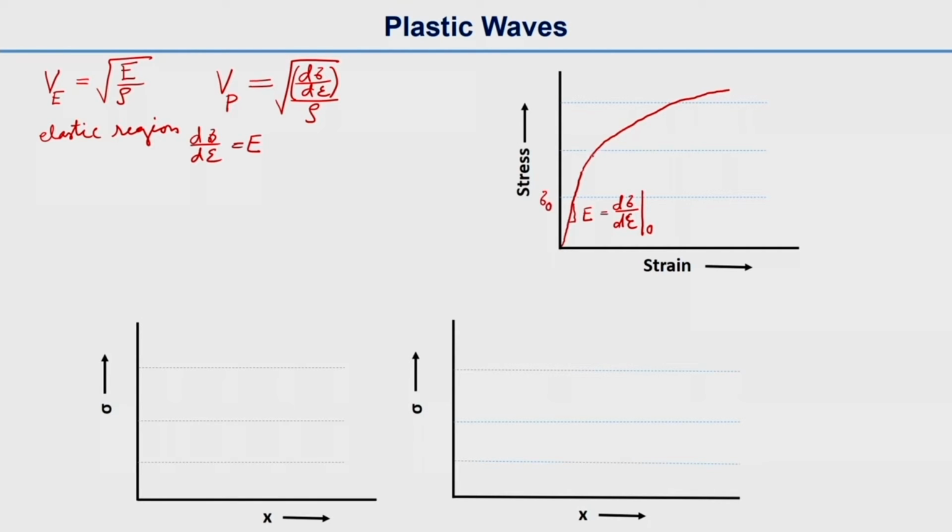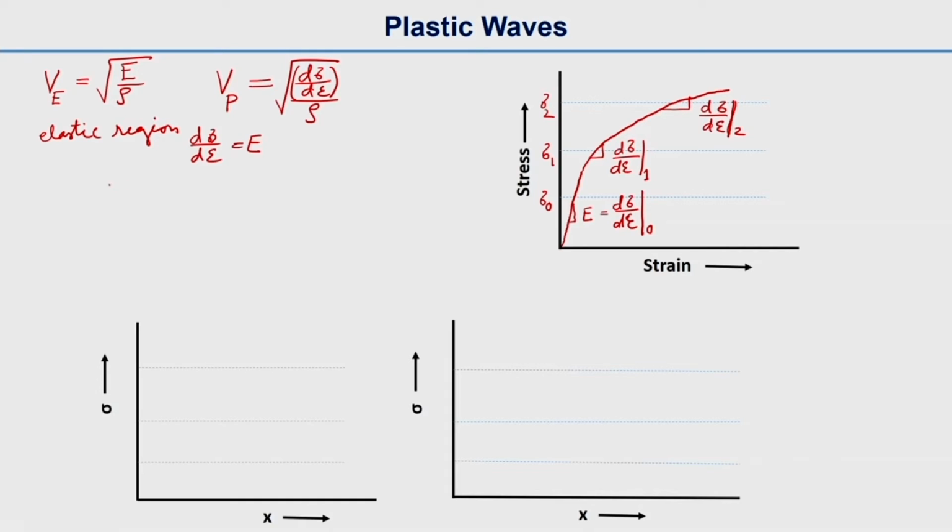Then we will have another slope, at sigma 1, which is in the plastic region, d sigma d epsilon at 1, and then at sigma 2 the slope here is less, d sigma d epsilon at 2. So, for elastic region this is the slope, and for the plastic region we got two slopes for sigma 1 and sigma 2. The first slope is higher than the other slope.